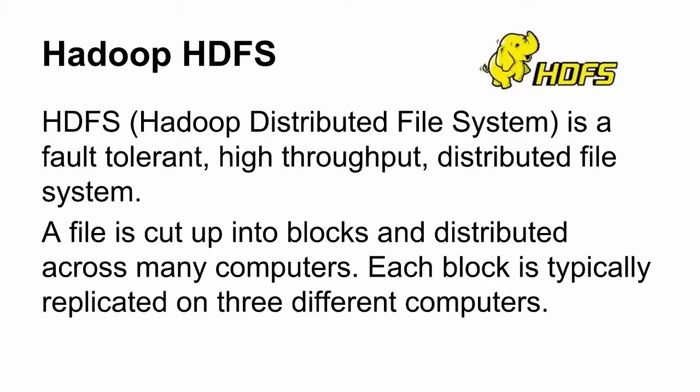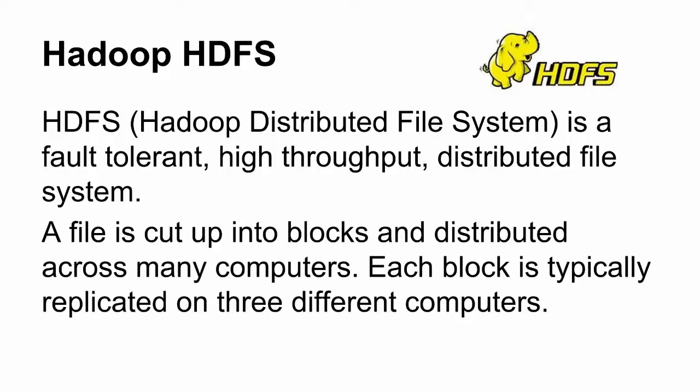So that covered the data analytics. Now for data storage, we use Hadoop HDFS, which stands for Hadoop Distributed File System. And so a distributed file system is a file system where the data is distributed over many computers.